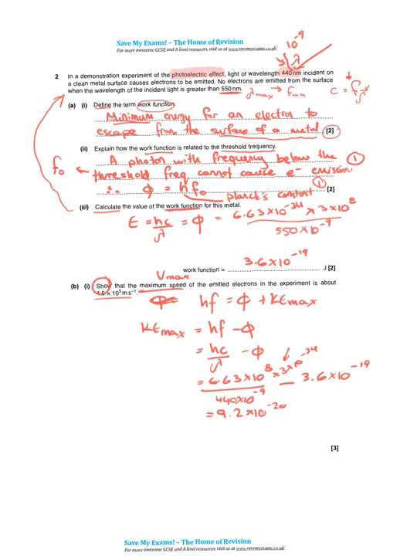This is equal to kinetic energy max, and that's equal to half m v squared. So remember, kinetic energy has its own equation.